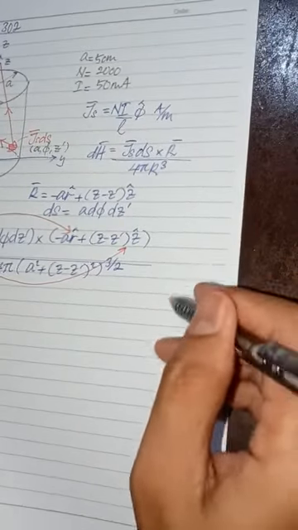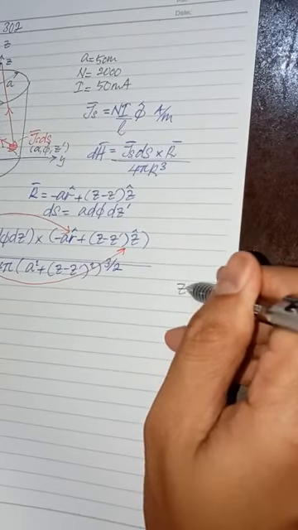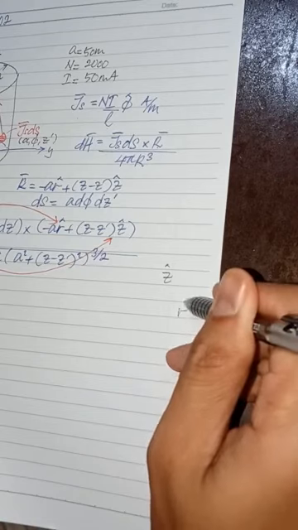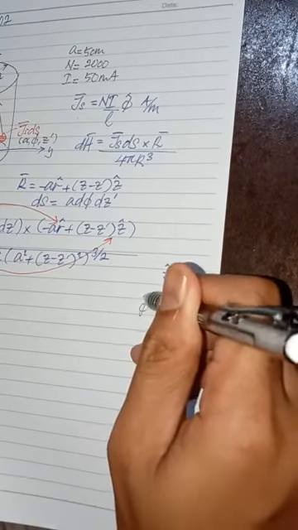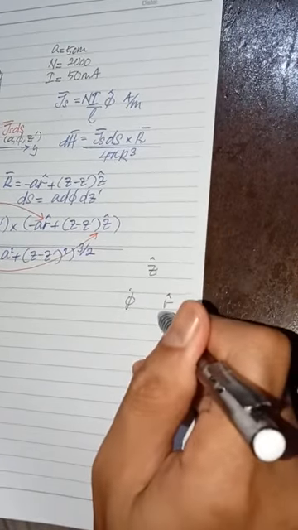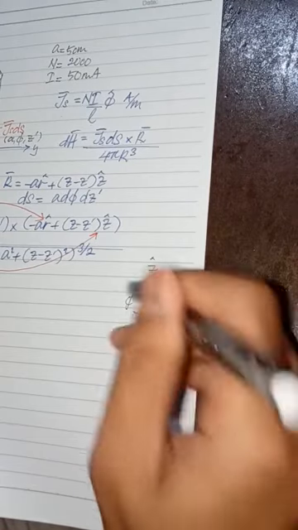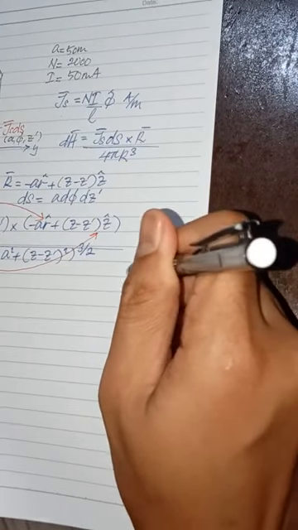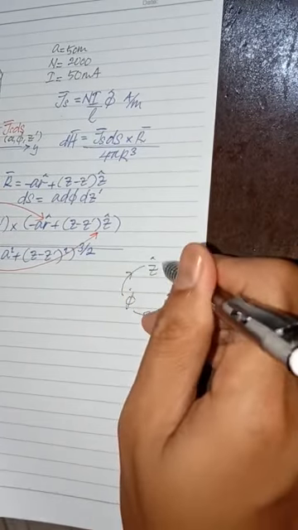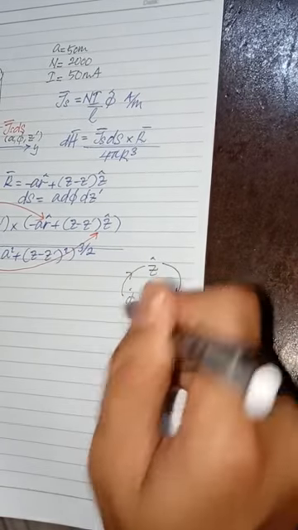Let's draw here a Z, R, and a phi. The R cross phi, the output is Z. The phi cross Z equals R. The Z cross R equals phi.